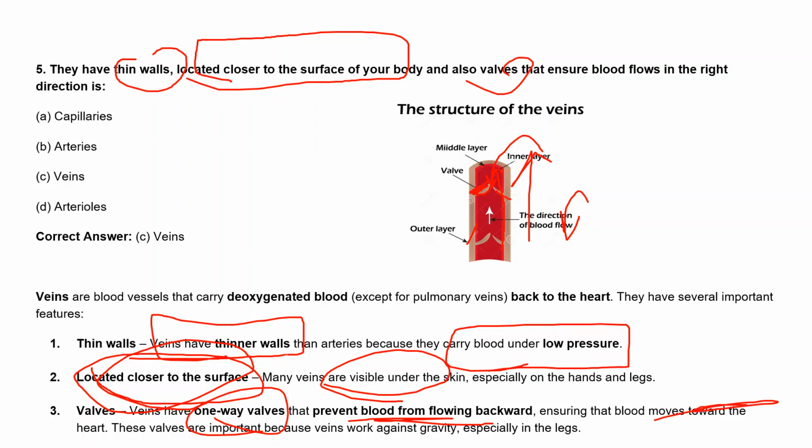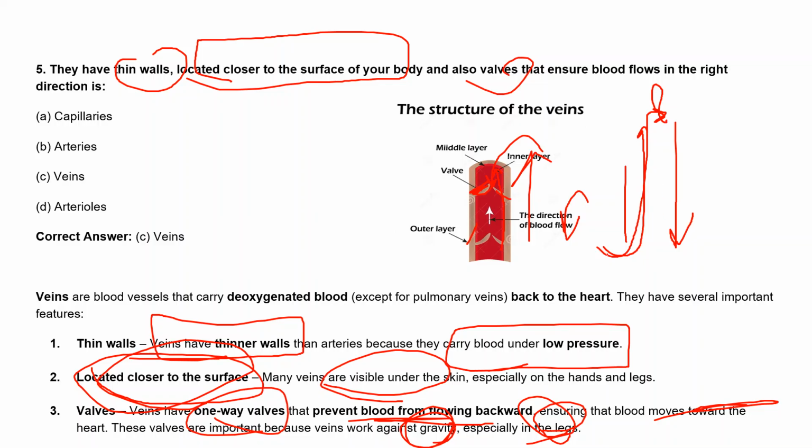And these valves are important because veins work against gravity, especially in the legs, right? Because the leg is there, and they have to carry the deoxygenated blood. We know that the gravity force is always downwards, and they have to pump this blood up to the heart.